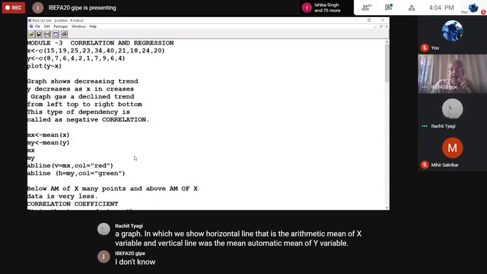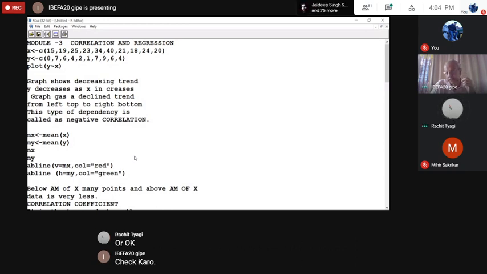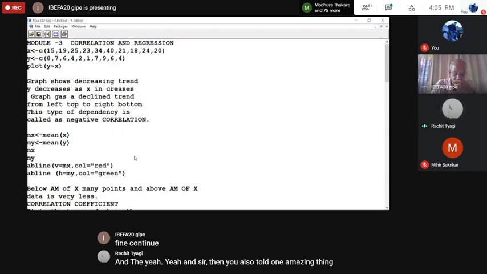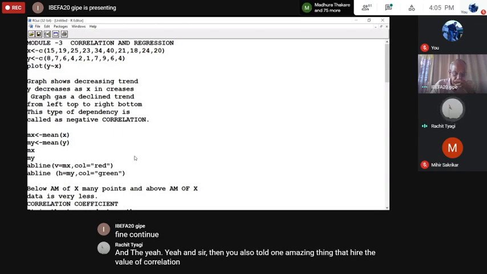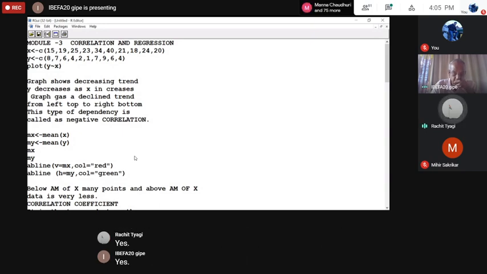No, it is the other way, reverse. Check. Okay, sir. Fine, continue. Sir, you also told one amazing thing, that the higher the value of the correlation coefficient, the higher the dependency, and vice versa. And then the tables and the trees, birds and all.